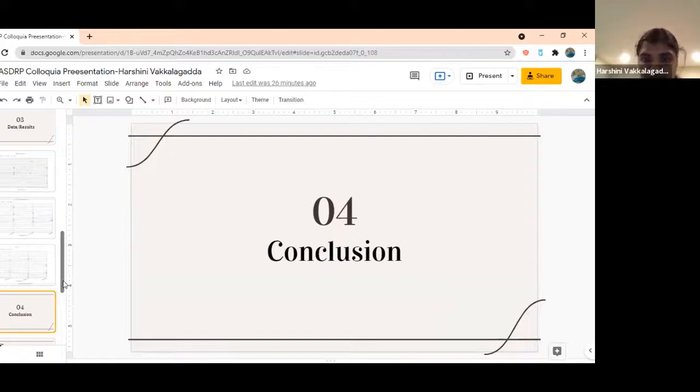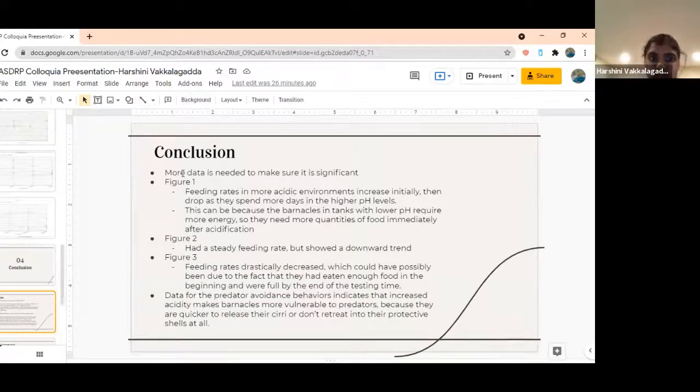And for our conclusion, as I said, more data is needed to make sure that the data is significant. And just to go over the figures, in figure 1, the feeding rates in more acidic environments could possibly increase initially, then drop as they spend more days in the higher pH levels.